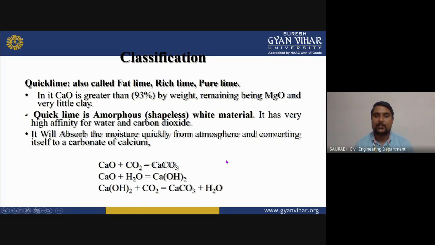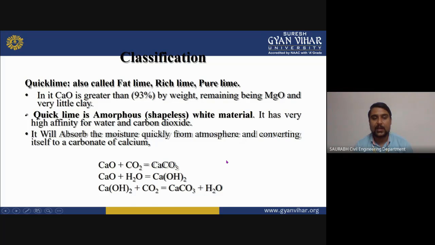Now we will see quick lime, also called fat lime, rich lime and pure lime. In it, CaO is greater than 93% by weight, the remainder being MgO and very little clay. Quicklime is an amorphous and shapeless white material.